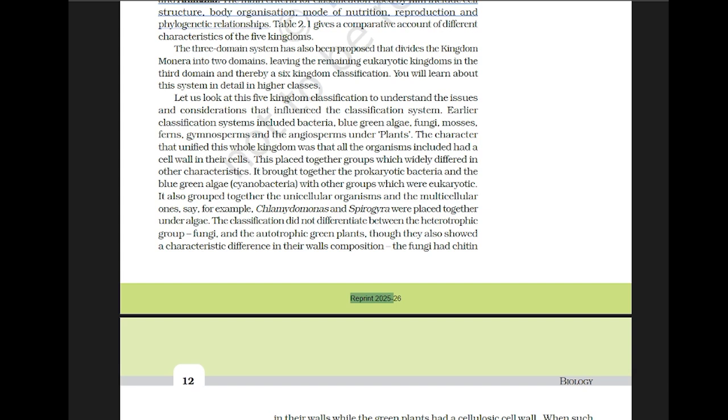And the third one is that kingdom Monera and Protista both include photosynthetic and non-photosynthetic forms, and organisms with cell wall and without cell wall. So these two kingdoms are heterogeneous groups.